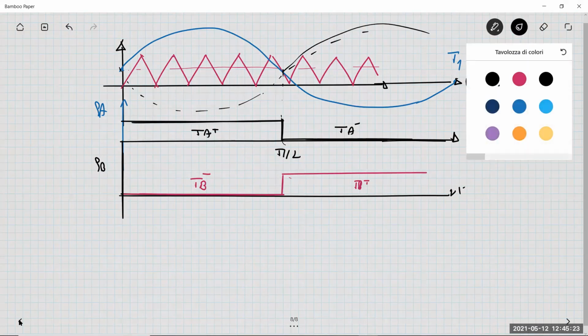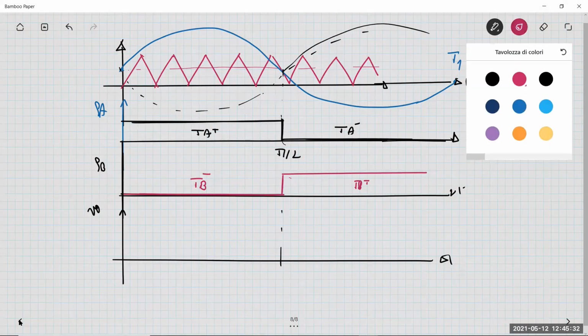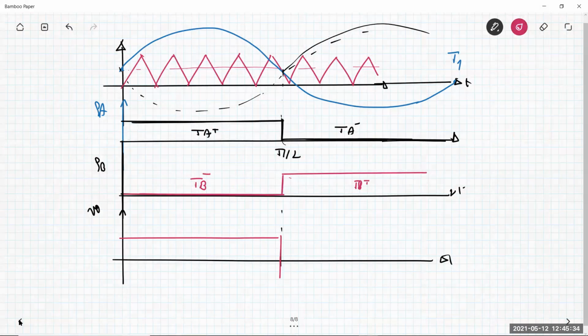And what about the output voltage? The output voltage, V naught, is the difference between the two, and the difference is basically a waveform like this. TA plus, TB minus, TA minus, TB plus. Vd, negative Vd, this point is T1 over 2. This is for the unipolar pulse width modulator.